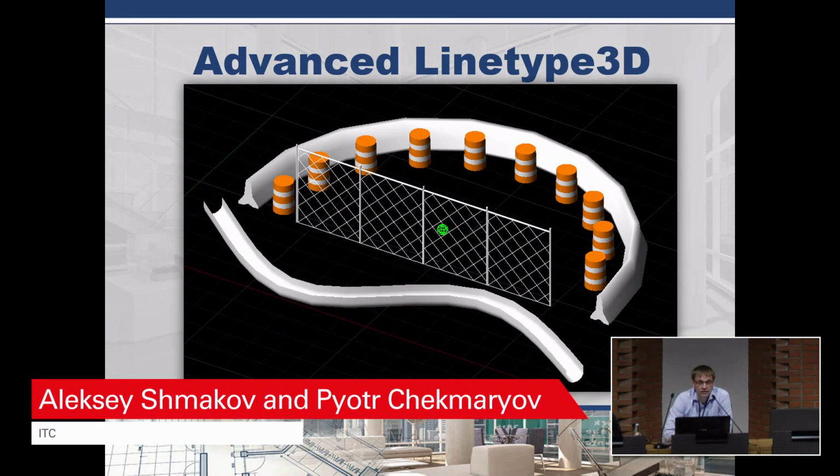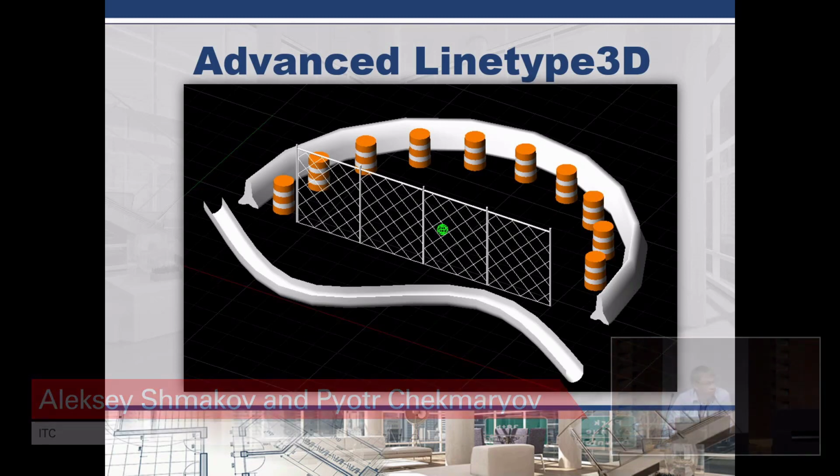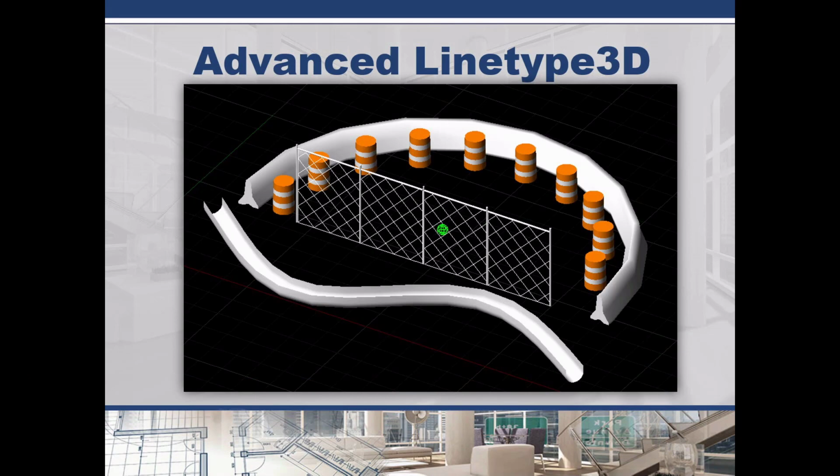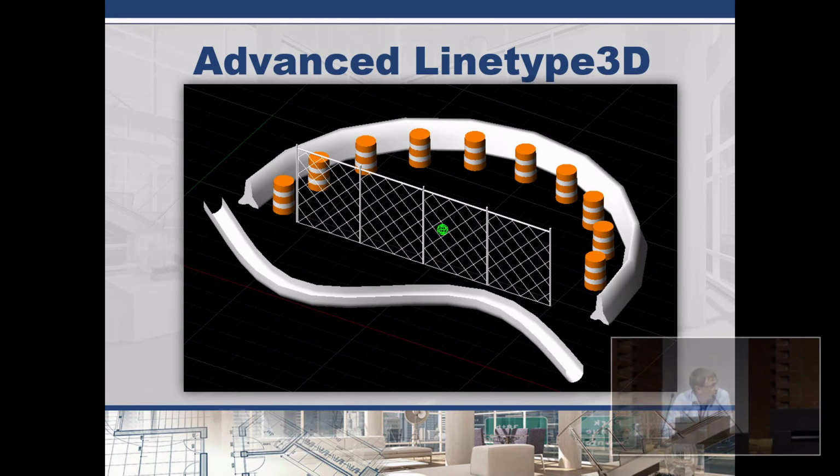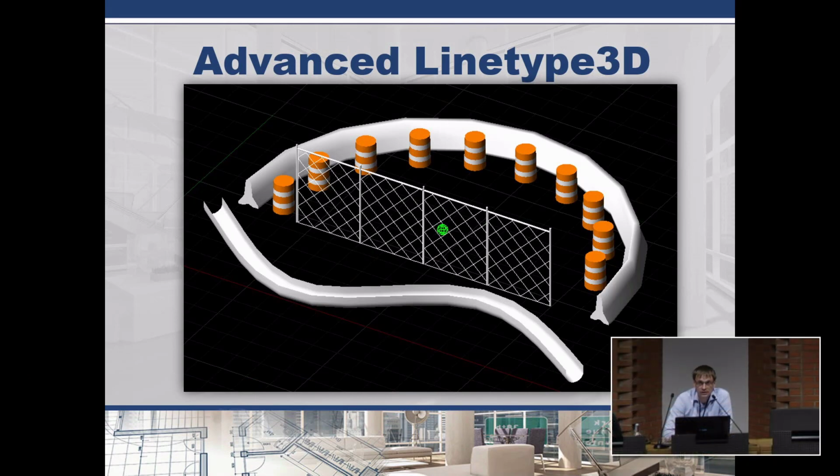Over the last year, we have made some improvements to this custom entity compared to the old versions. Now the object became fully 3D. In the previous version, it could draw the line type in 3D, but the baseline segments must remain coplanar. Now there is no such constraint.